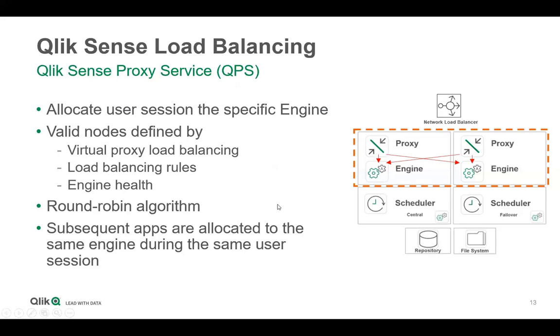By default, the proxy service uses a round-robin algorithm to allocate engine sessions. For instance, user A connects to the proxy, and the proxy allocates to engine 1. When user B comes to the proxy, the proxy allocates the session to engine 2. Then when user C connects to the proxy, the session will be allocated to engine 1 again. So this is the round-robin algorithm.